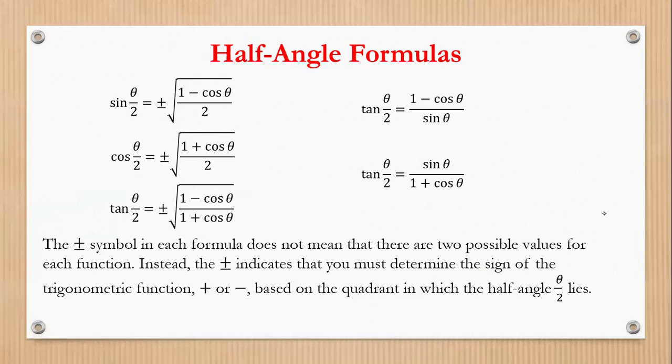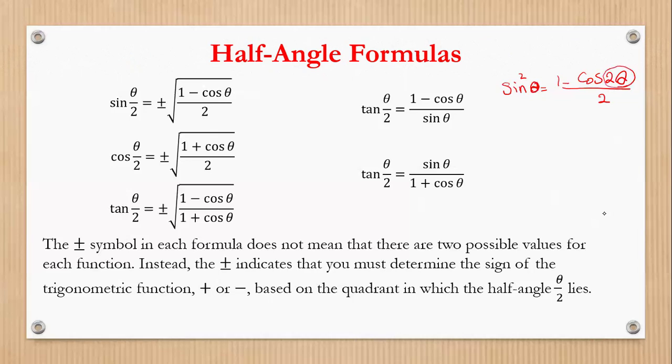If you remember the power reducing formula, you learned that sine square is 1 minus cosine of 2 theta over 2. Now, if this angle is theta, this one is the double angle.